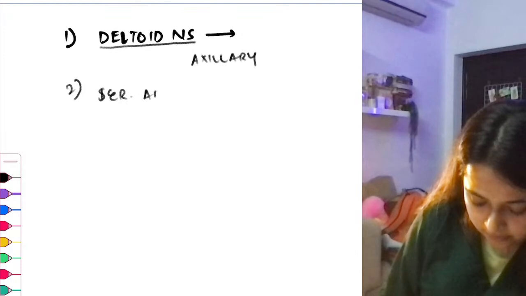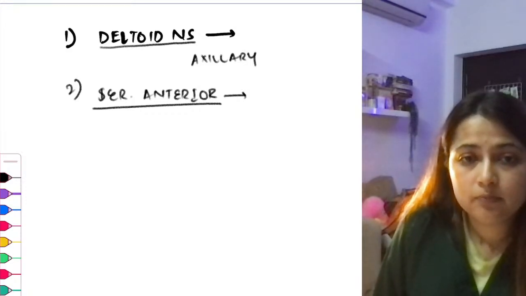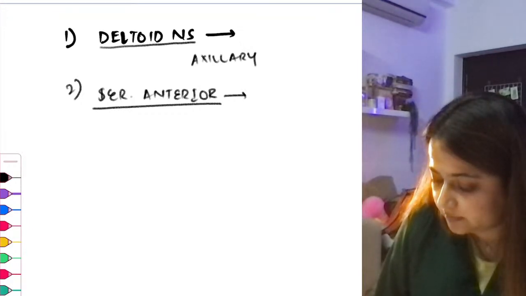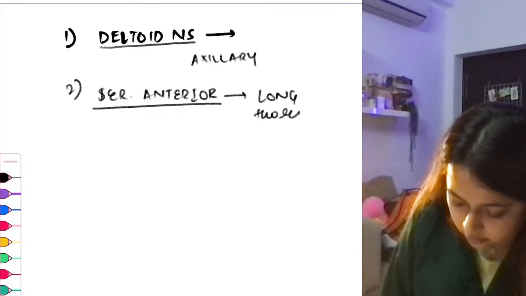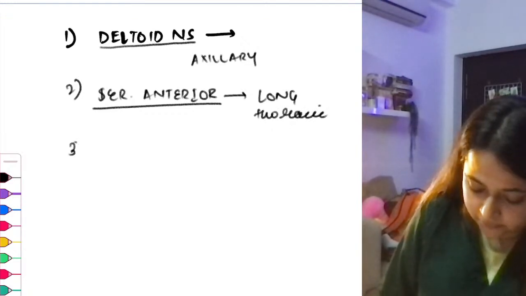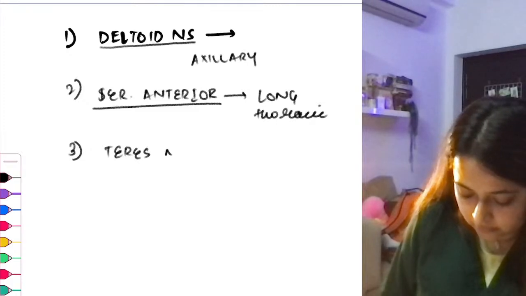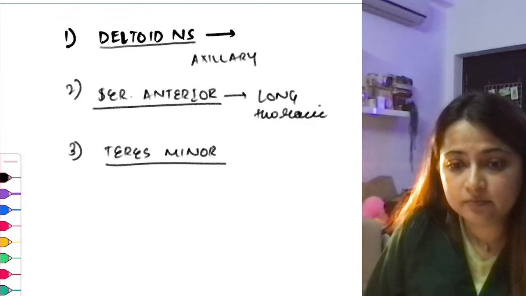Okay. Second, serratus anterior nerve supply. Answer to this question is, yes, quickly type. Yes, long thoracic. Exactly. Long thoracic. Third, teres minor nerve supply.